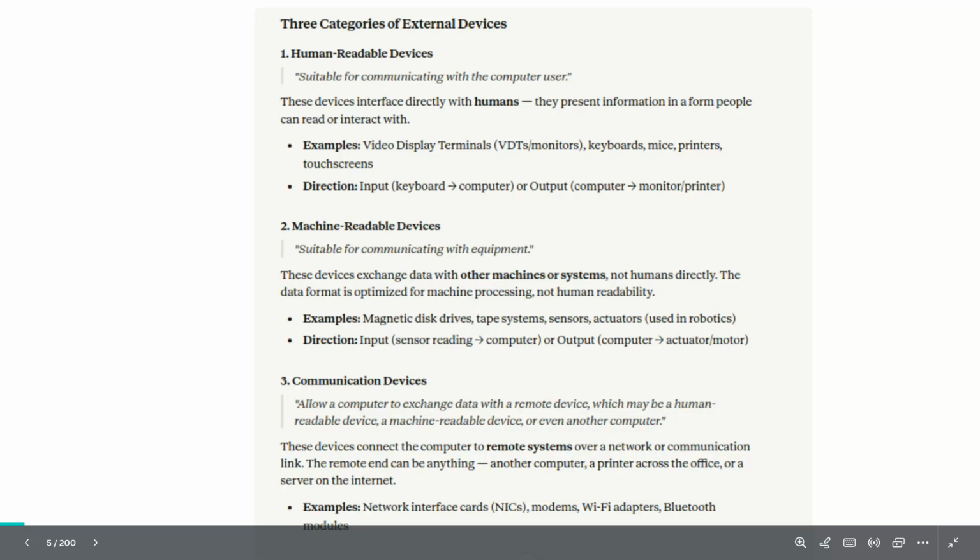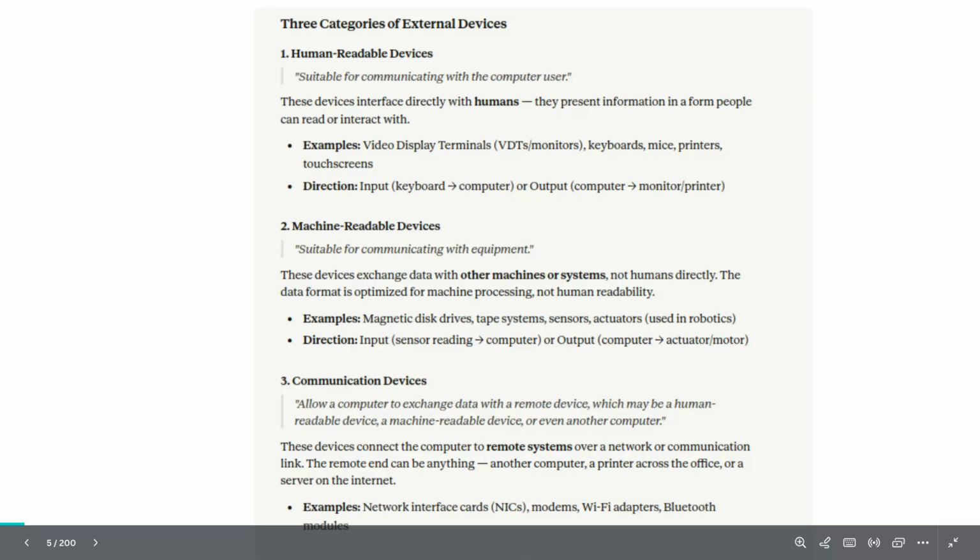Examples are magnetic disk drives, tape systems, sensors, actuators. These are examples of machine readable devices. Then you have communication devices. These allow the computer to exchange data with a remote device, which may be a human readable device, a machine readable device, or even another computer.